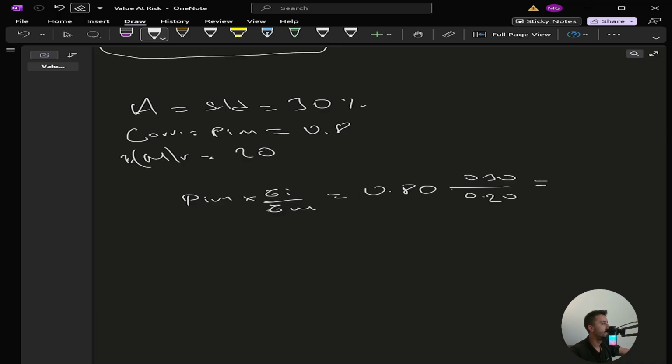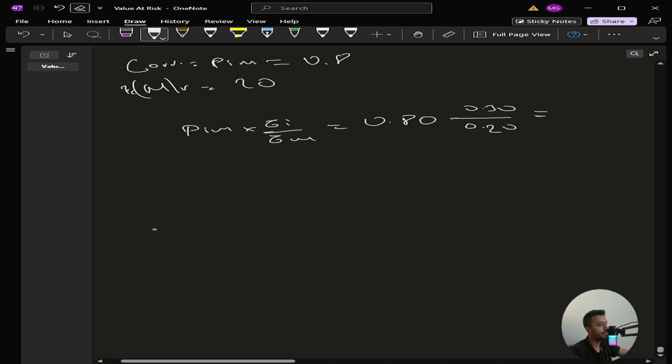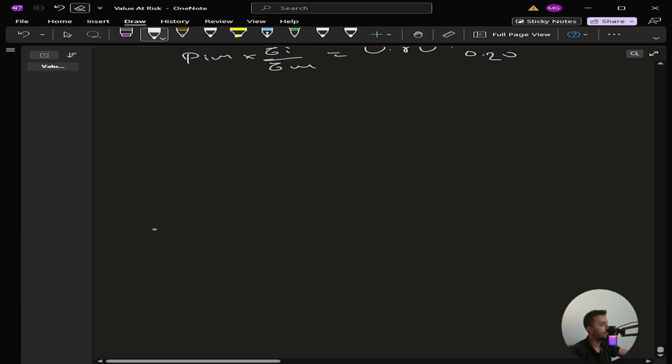Let's have a covariance example here. If the covariance of the asset return with the market index is 0.0848, what is the asset beta here?